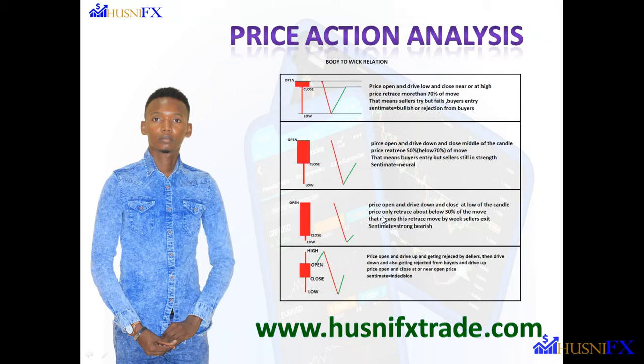The price only retraces below 30%. It means that this move was retraced by weak buyers, who immediately exited. So it means this is a strong bearish candle, and sellers are still in the lead.